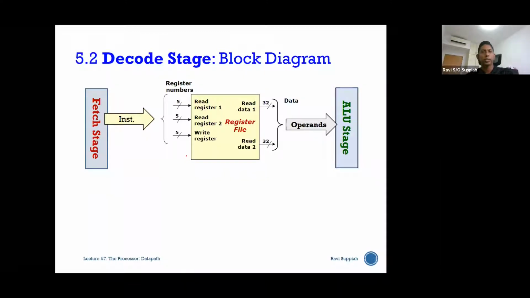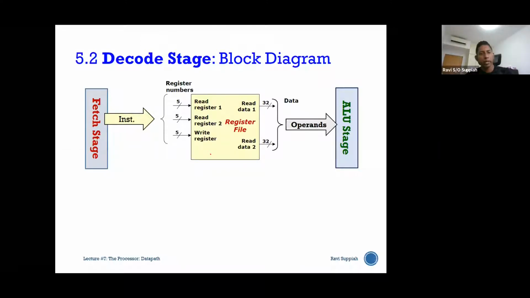For the decode stage, as we have seen, the instructions that we deal with in almost all cases involve register access, correct? Except for jump instruction. Jump is the instruction where you don't need to read any register value. You can directly take the instruction and just adjust the PC value to go to a new particular address location.